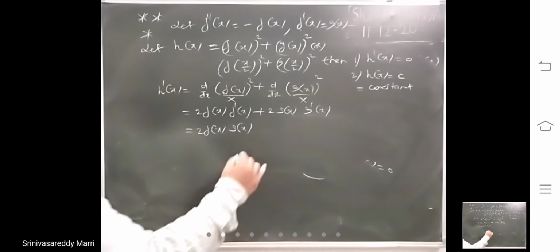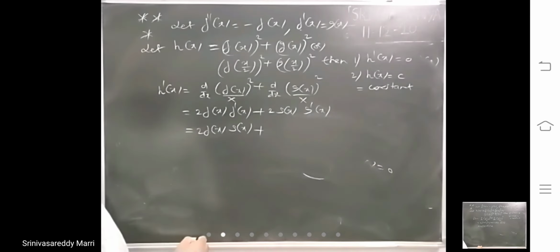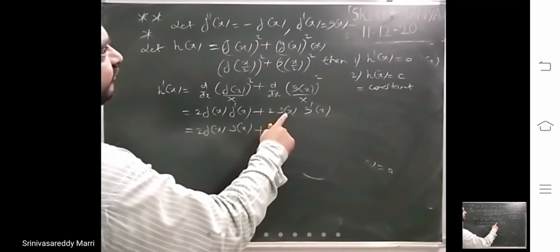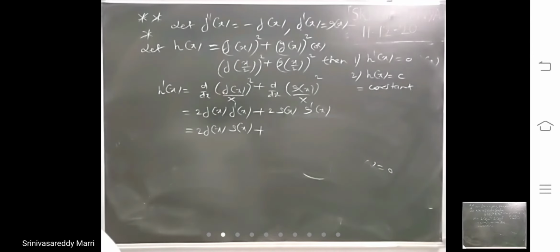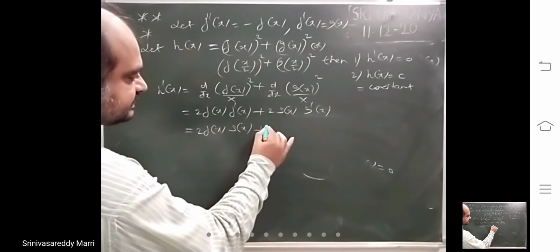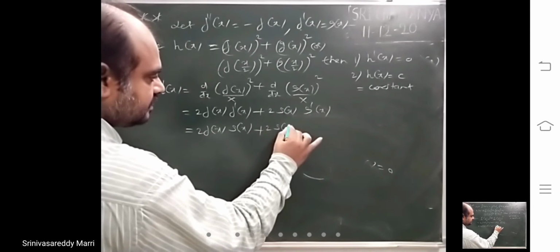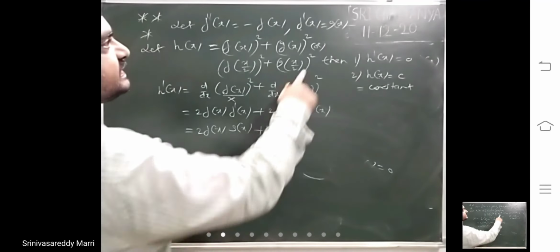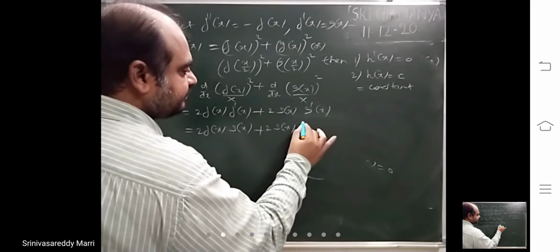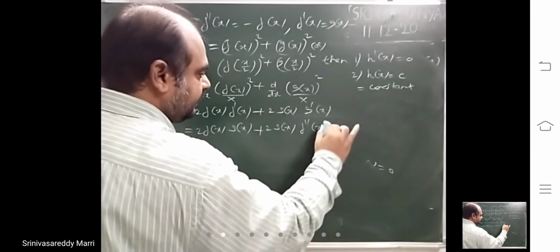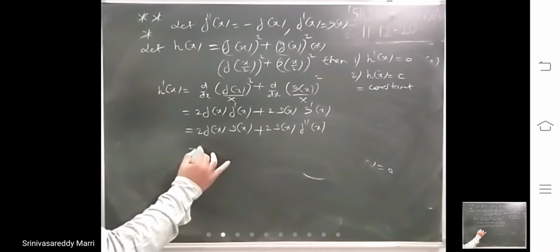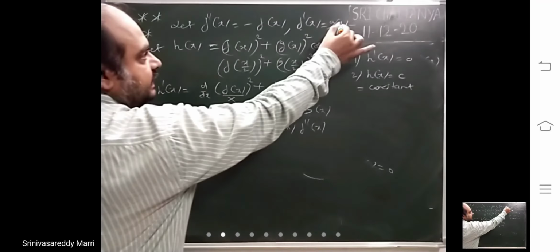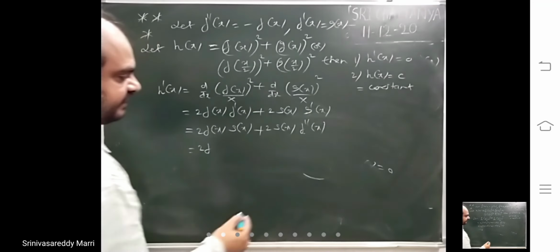Now g dash x is nothing but f double dash x, the derivative of f dash x.